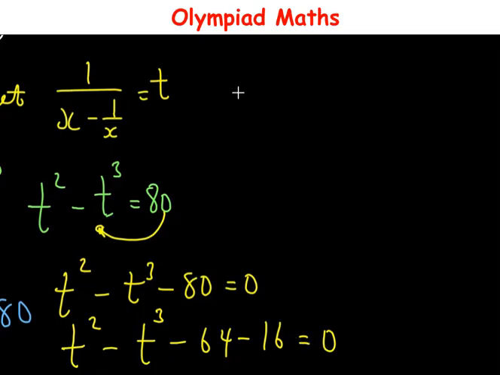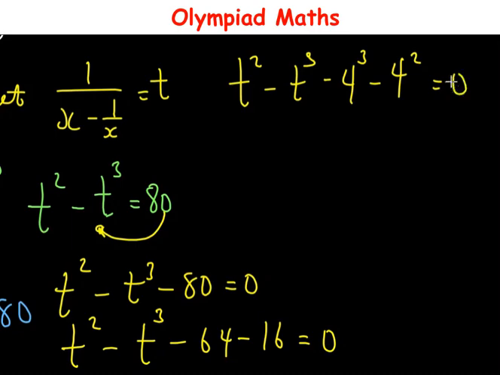From here, we have t² minus t³, then minus 64 can be written as 4³, then minus 16 can be written as 4², and this equals 0. At this junction, we are going to bring the powers together. So we have t² minus 4² and then minus t³ and minus 4³, bring them together.